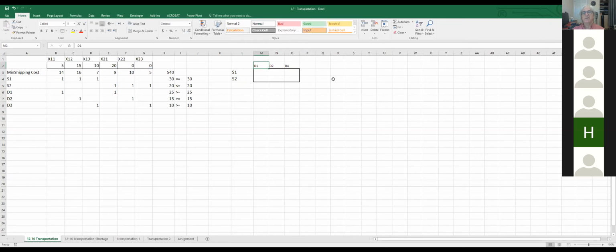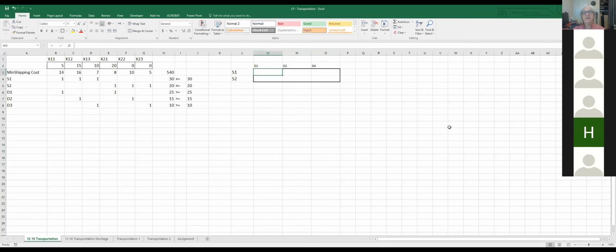Some people like to do it because it's more understandable. And then in here, I'm entering the shipping cost. This is the input. Remember the input. So it goes 14, then 16, then 7.